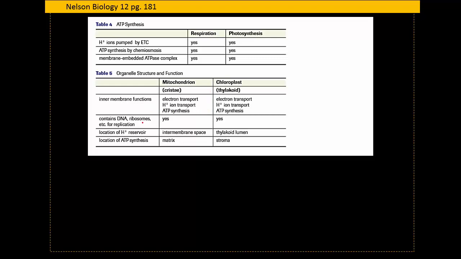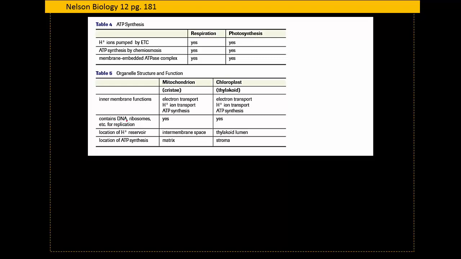Now, this next one contains DNA, ribosomes, etc. for replication. What we're talking about here is replication of more mitochondria or more chloroplasts. Now, we're going to study genetics later on in this year, and you've, of course, already done it in grade 11 biology.